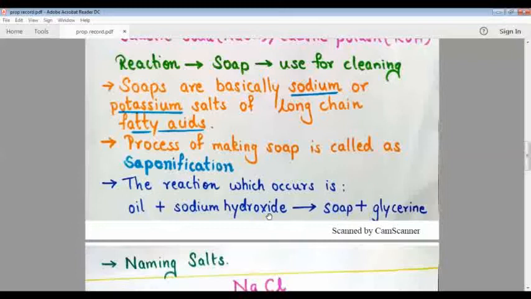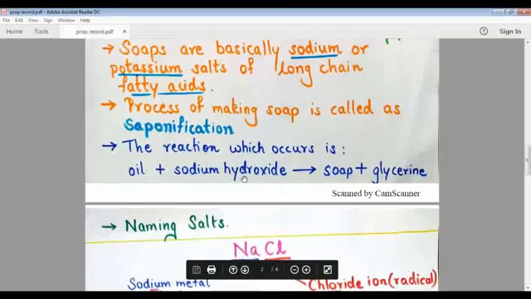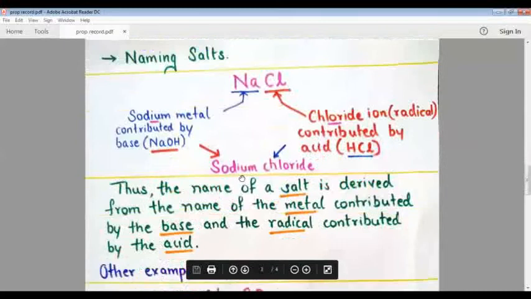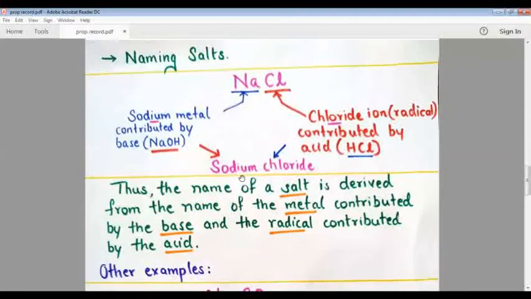Now moving on to your next part, naming salts. How to name any particular salt? For example, I have NaCl. First of all, you need to predict from which particular base and acid this NaCl salt has been formed.